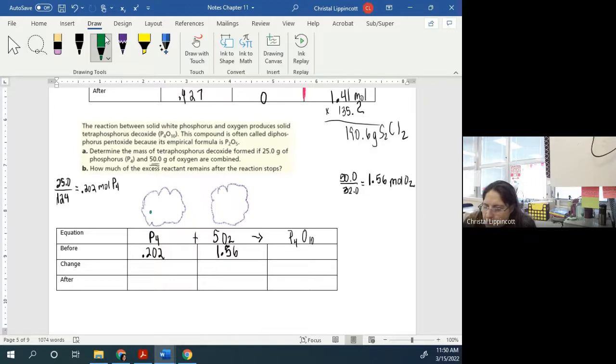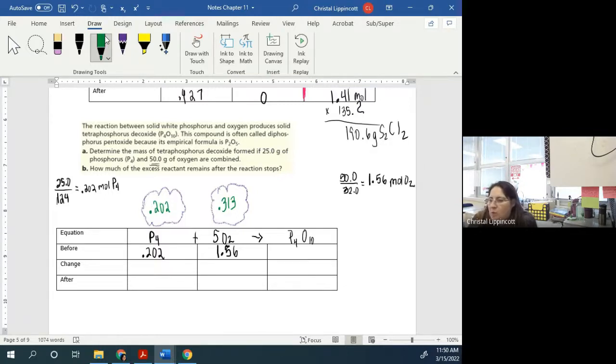You can probably do that hopefully in your head. So 0.202 here. And then this one I need to divide out. I need to take this value and divide by 5. And remember, you want 3 sig figs in your clouds, and you want at least 3 sig figs in your table. All right, we have our two cloud values.